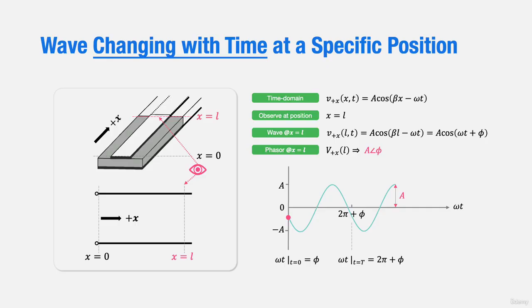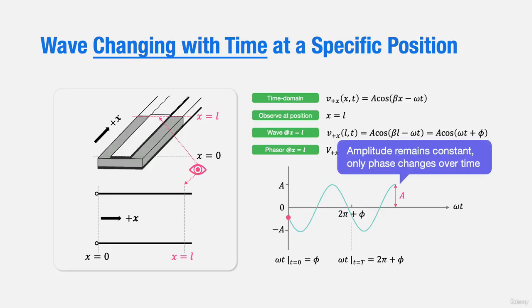As time passes, the wave at the position x equals L remains a sinusoidal wave with the equation A times cosine(omega t plus phi), which starts from the point A cosine phi and varies with time. One notable observation we can make is that a time domain voltage wave at a fixed position has a constant amplitude A that does not vary with time.